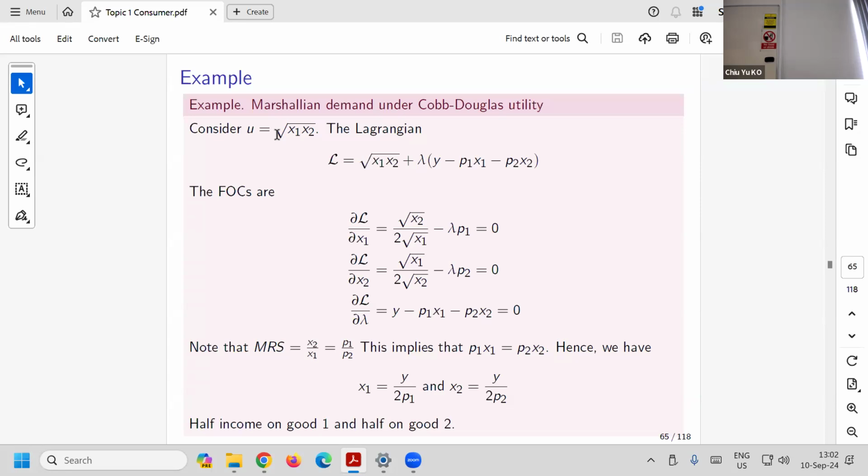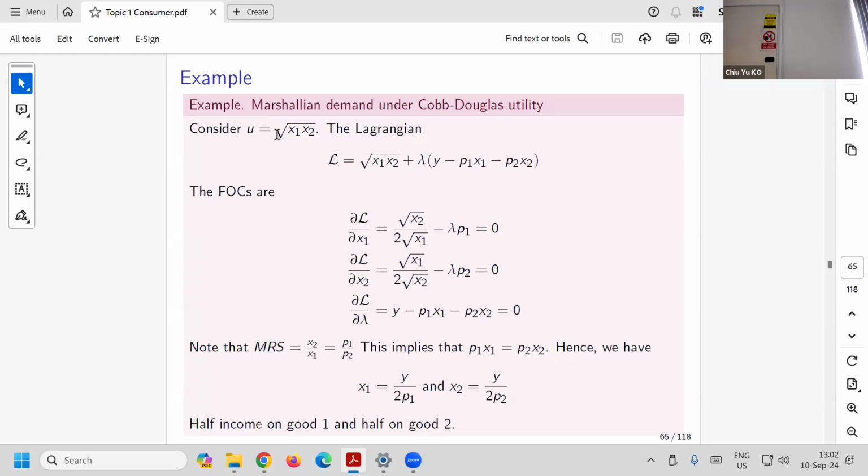By Walras' law, the constraint would hold. So that's why the Lagrangian would work, okay? And then we will do the same thing, differentiate with respect to x1, x2, and lambda. That gives you three equations, okay? And three unknowns, which are x1, x2, and lambda. In principle, you can solve it by hand because this is a simple system. Of course, you can use Mathematica if you want, okay?